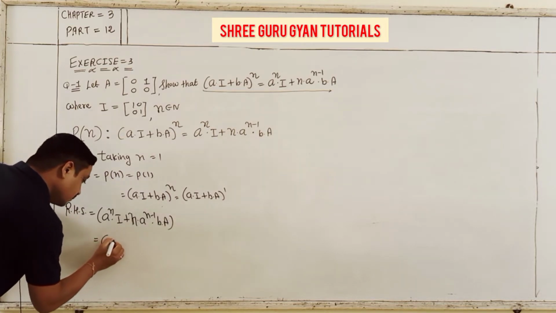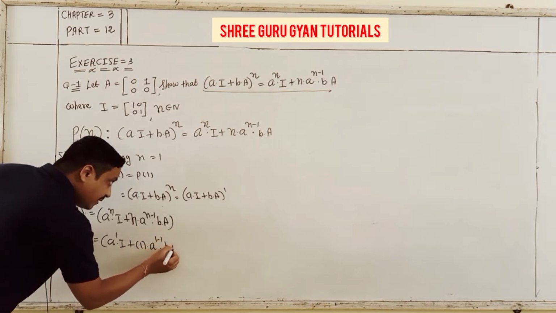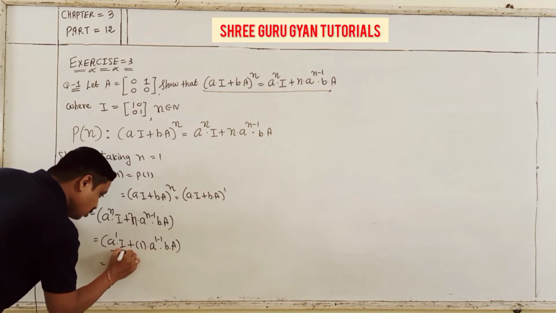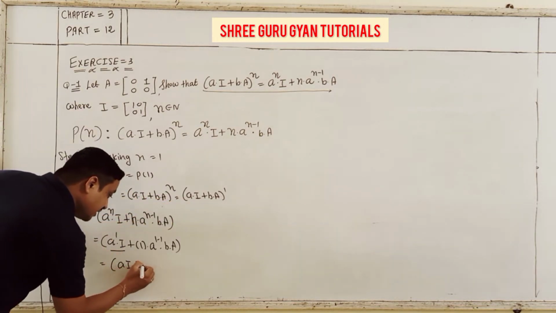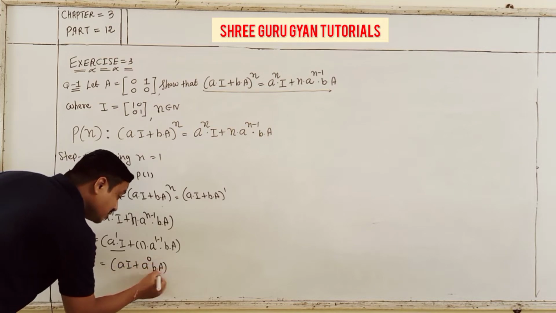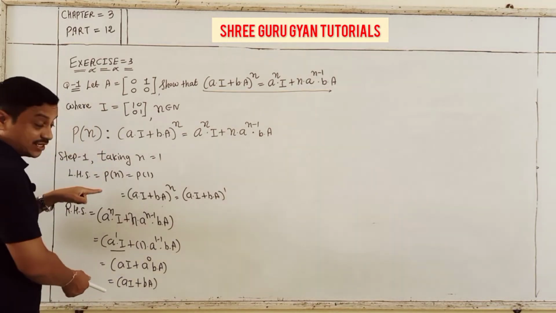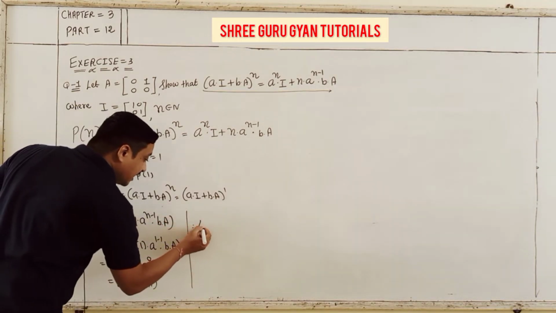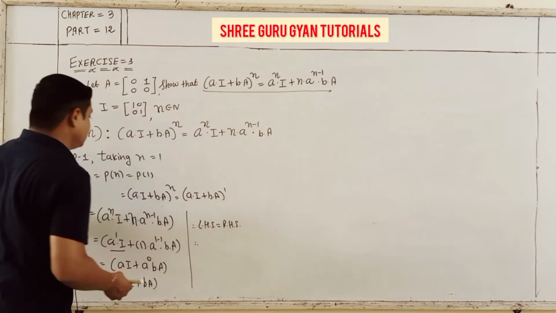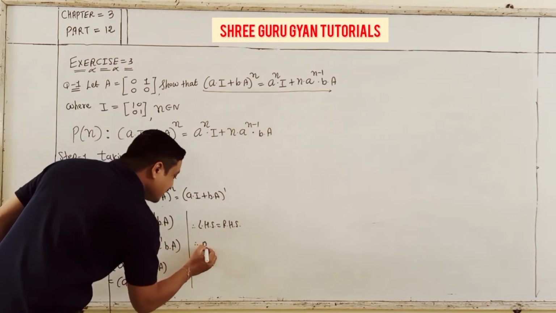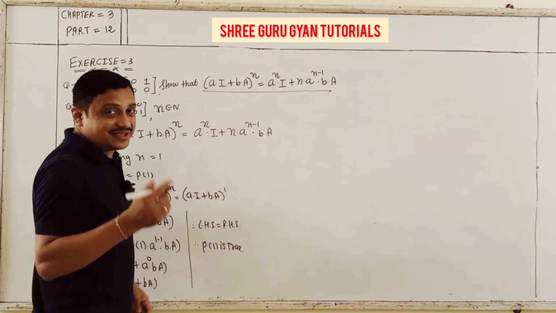So a^1 I + 1 a^(1-1) bA. Check: a into I, that is the same as here, aI plus a^0, and a^0 is 1, so aI + bA. Check, both are the same. Therefore, LHS is equal to RHS. It means P(1) is true. That should be your first step, easily done.